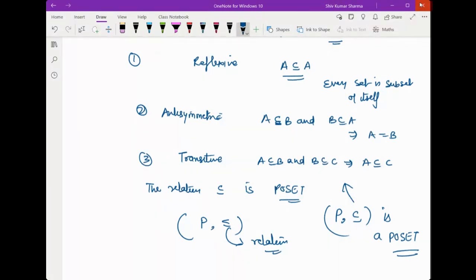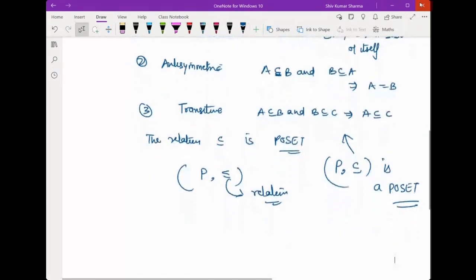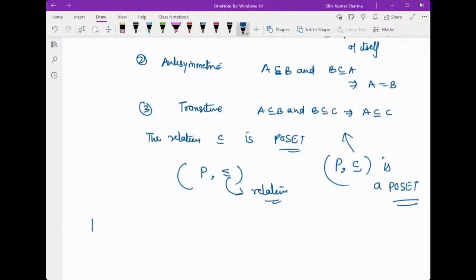Okay, so now we move to the next definition, which is the Hasse diagram. This is the important part after defining the POSET.